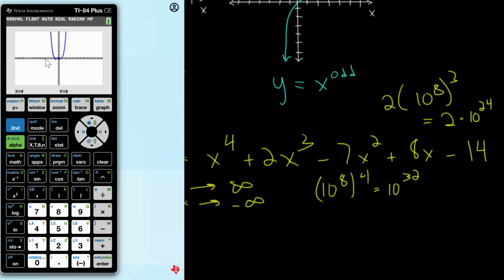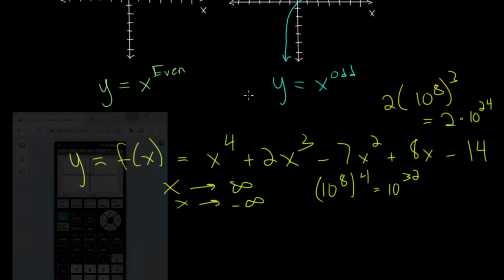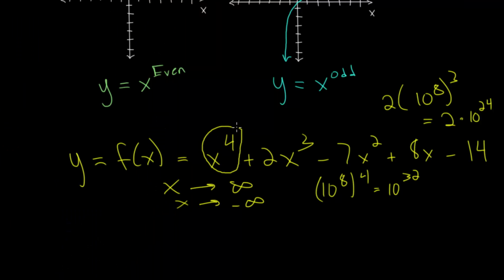So what I was saying is that when looking at this from a very zoomed out view, when looking at the end behavior of this polynomial, the only term that really matters is the highest power term. And if it was negative, basically what that does is just reflect all the y values down.